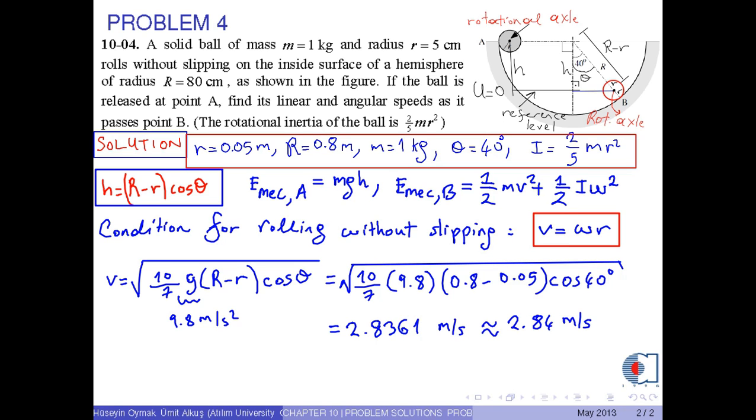However, in 3 digits, it is approximately 2.84 meters per second.